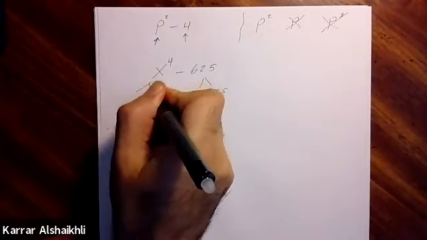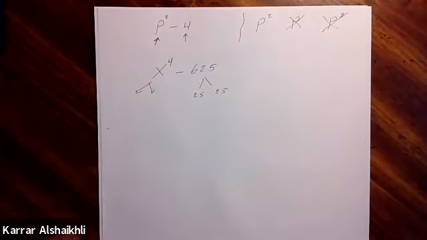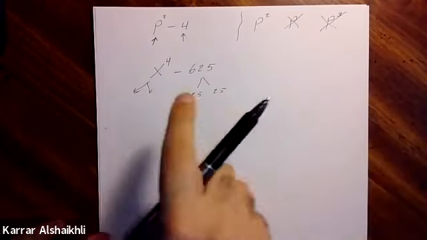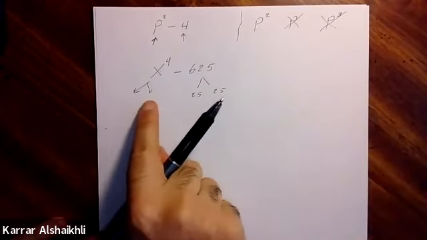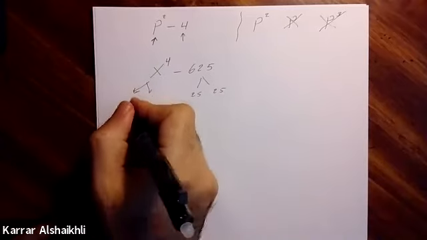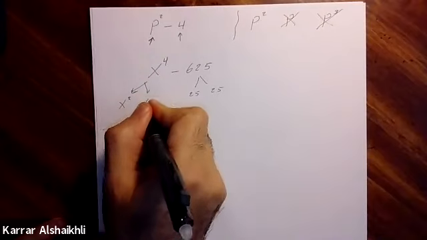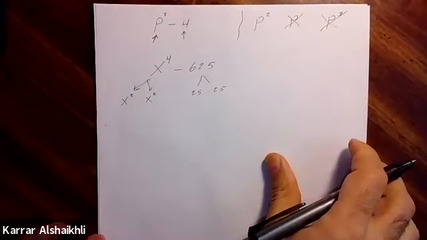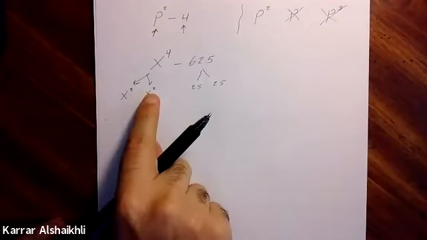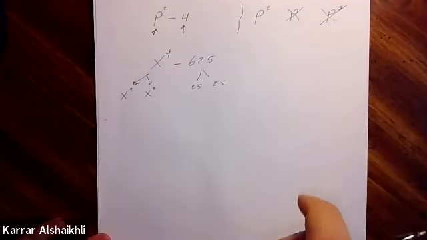And on the other side, I have x to the power 4, not squared. So I'm gonna write x squared times x squared, because x squared times x squared is going to be x to the power 4.